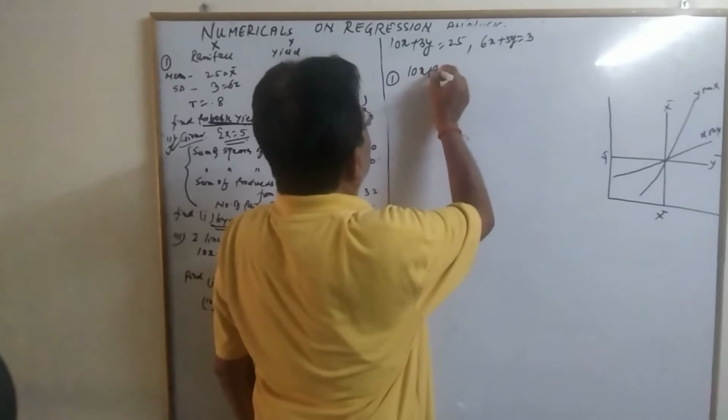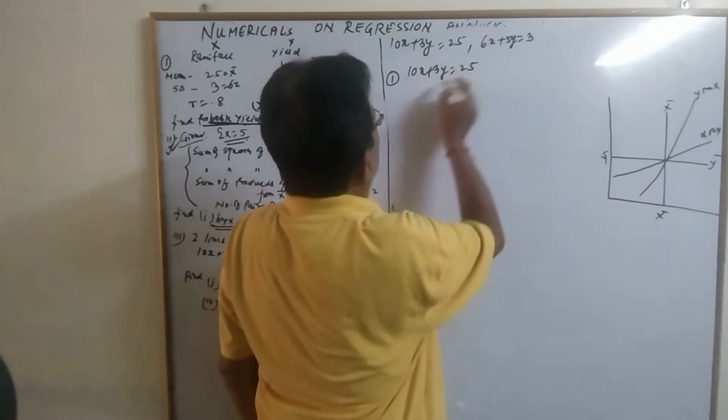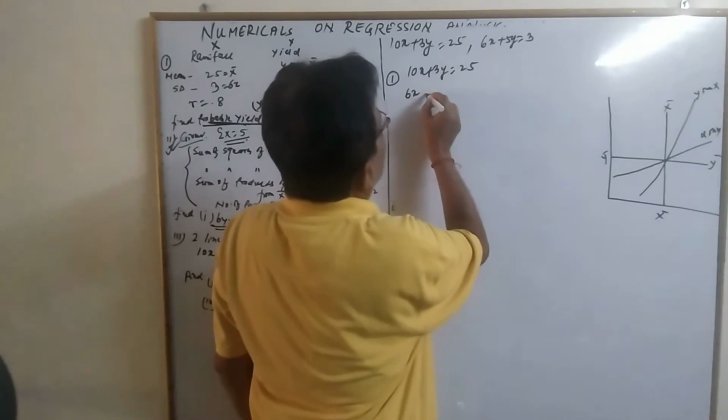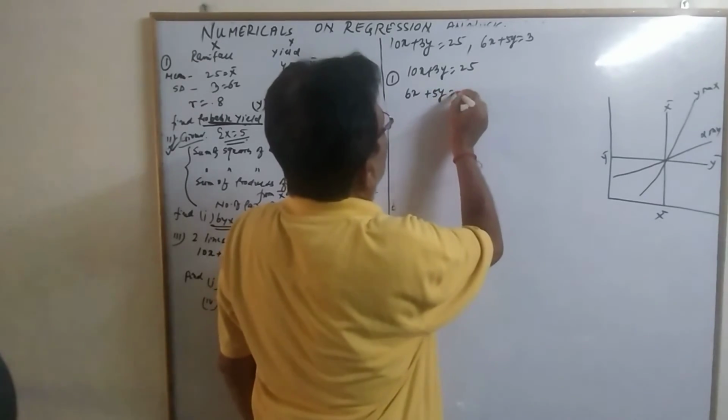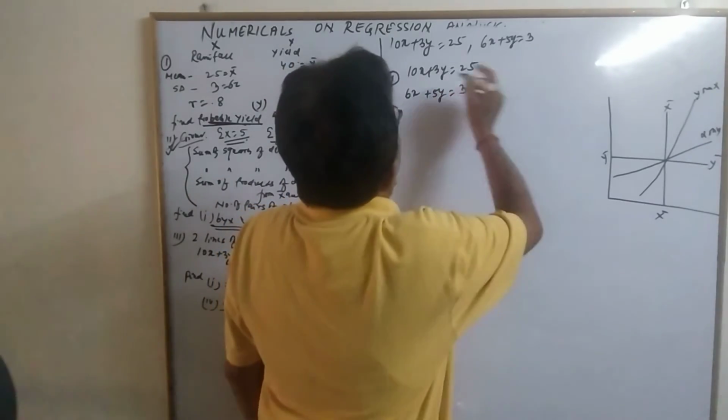So 10x plus 3y is 25, and 6x plus 5y is 3.